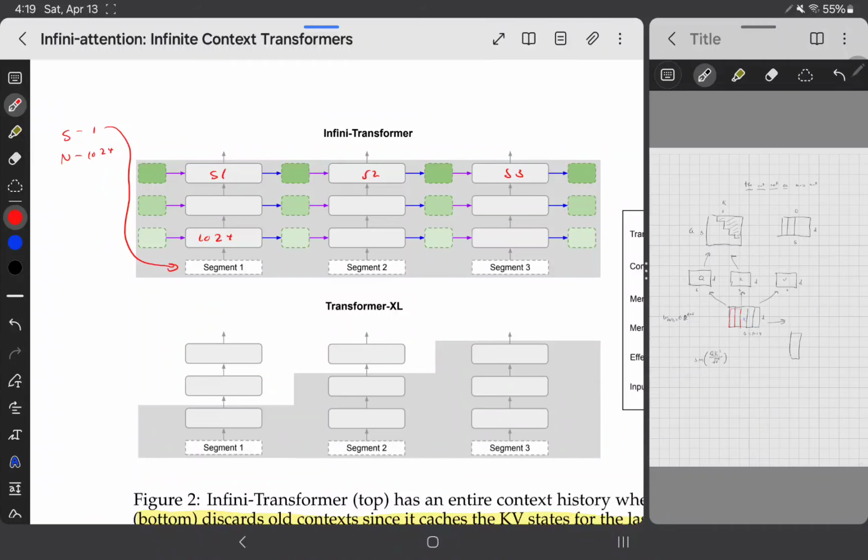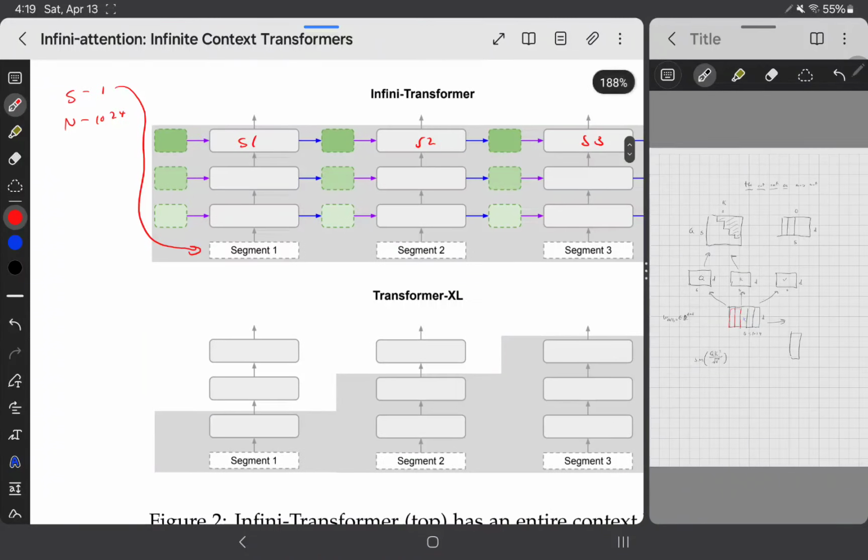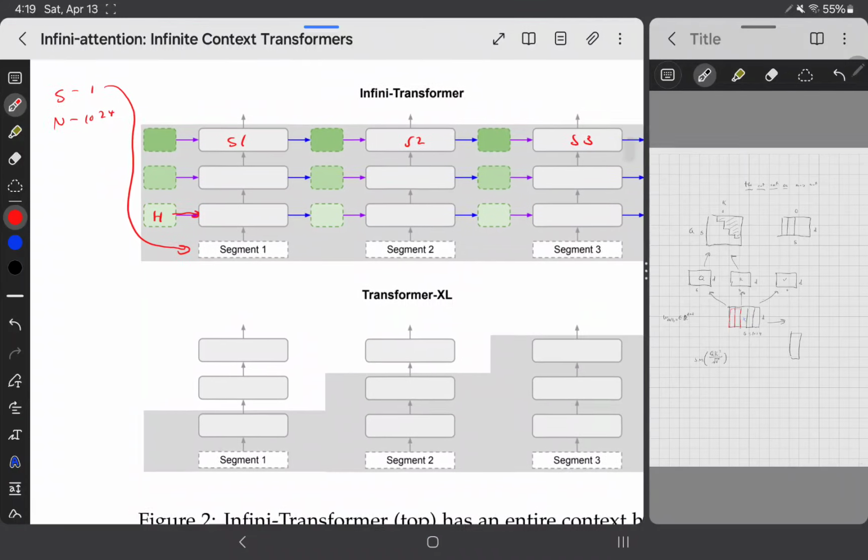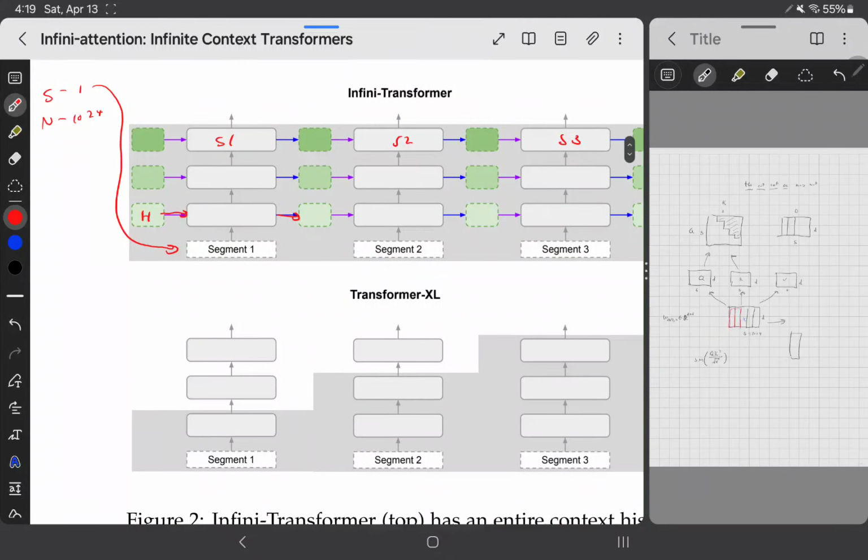So some large amount, but not too large, and you just chunk up your sequence into these segments. Now we're going to have a hidden state, and the hidden state is passed through one of these segments, and the output of the segment will be an updated hidden state. So this will be H0.